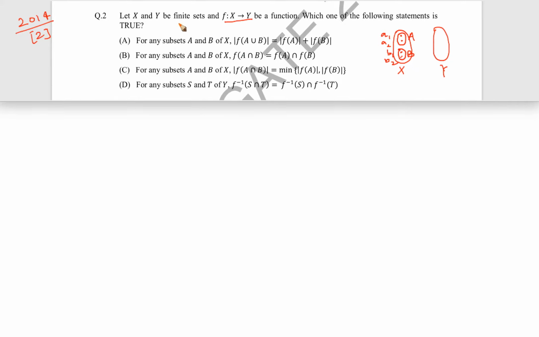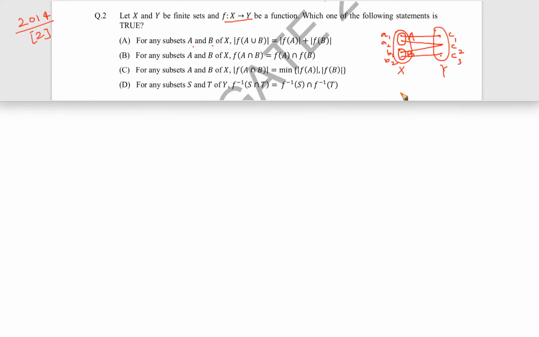So here what they are saying is that for any subsets A and B of X, and let's say the function is defined something like this. a1 is mapped to c1, a2 is mapped to c2, b1 is also mapped to c2, and b2 is mapped to another value, c3. So these three values are c1, c2, c3 respectively.